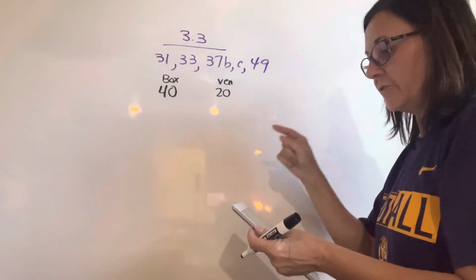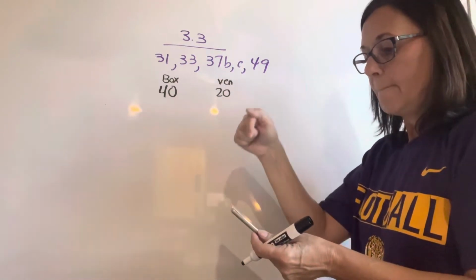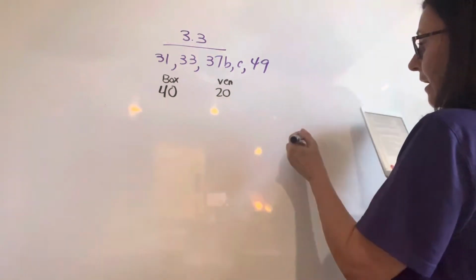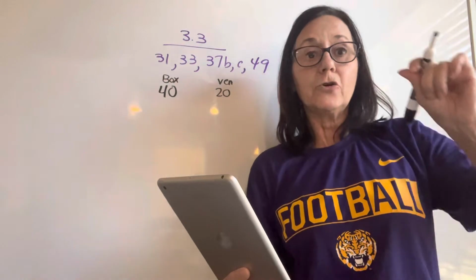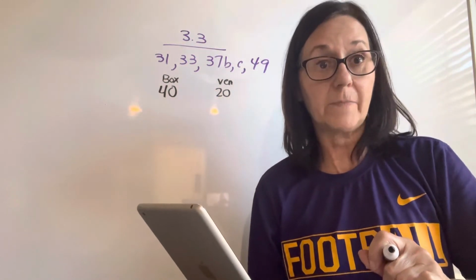For every additional vendor, there's 1 fewer box sold. So as I increase the vendor by 1, I decrease the number of boxes by 1.